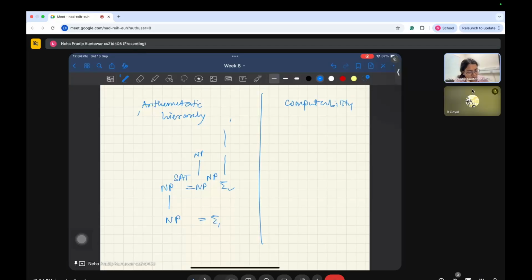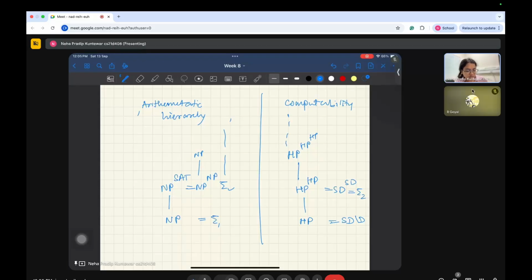Similar to that, there is a hierarchy in the computability world, which is, let's say, the halting problem. This is the semi-decidable language which is not decidable. Then we have HP to the HP. This is the class of languages that become decidable if you have Oracle access to HP, and this is called SD to the SD. You can go on further; this is an infinite hierarchy.